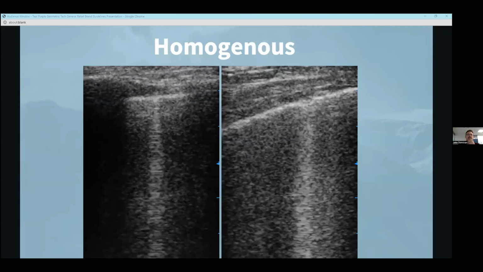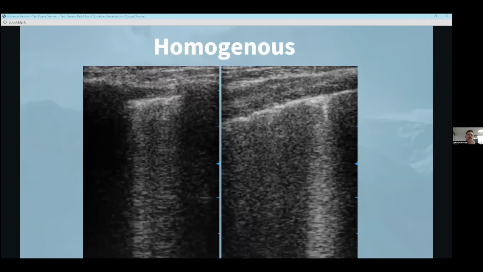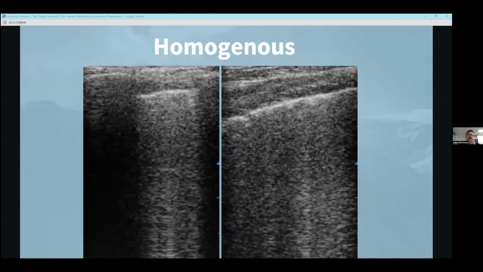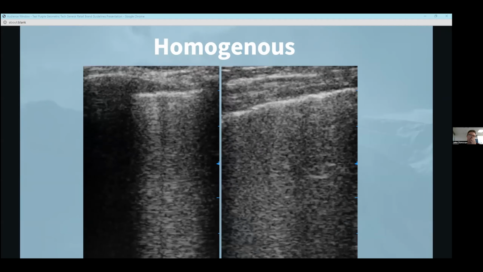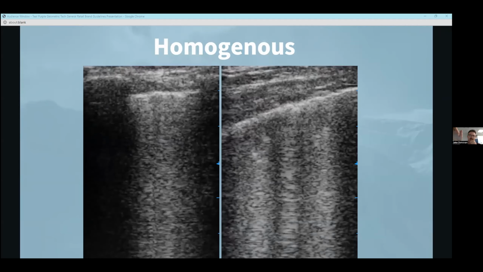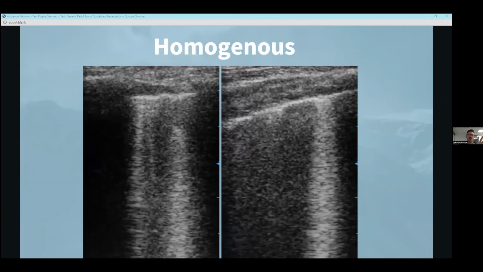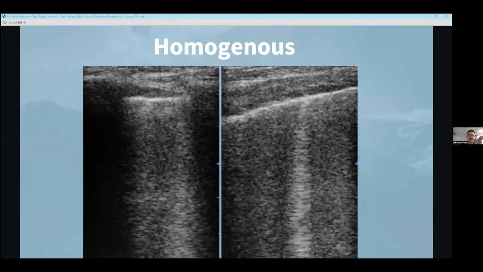So here's an example of just some scans I've taken myself of what I'd consider to be a homogeneous distribution of B lines. So you can see there's B lines all across the image there, and no clear spared areas.